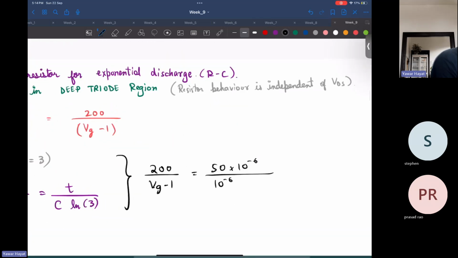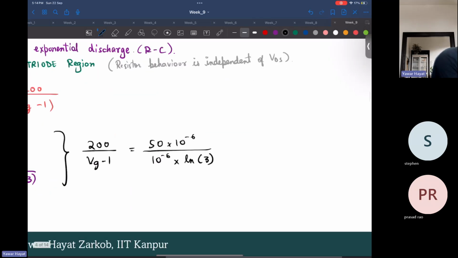So I'll write 10 to the power minus 6 into ln of 3, right? And from there, it's straightforward. Some algebraic manipulations and you'll get Vg equal to 1 plus 4 ln of 3, which will give you Vg as 5.394 volts.